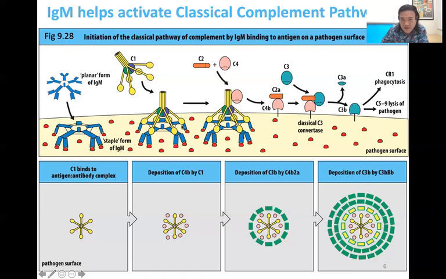and that recruits complement protein C1. The complement protein C1 binds to the IgM, and the tail of C1, this part up here that sticks up, recruits complement protein C4 and C2, and so that makes our classical C3 convertase, right?